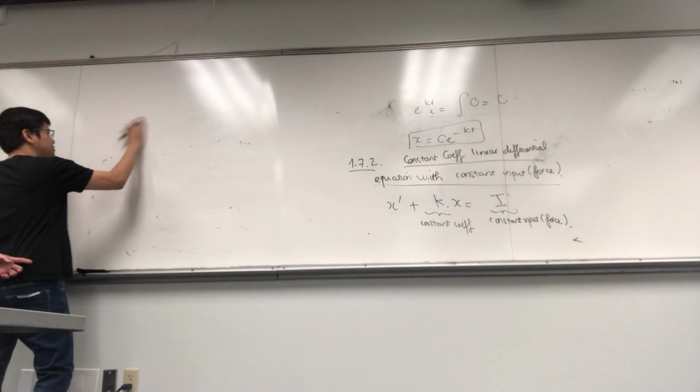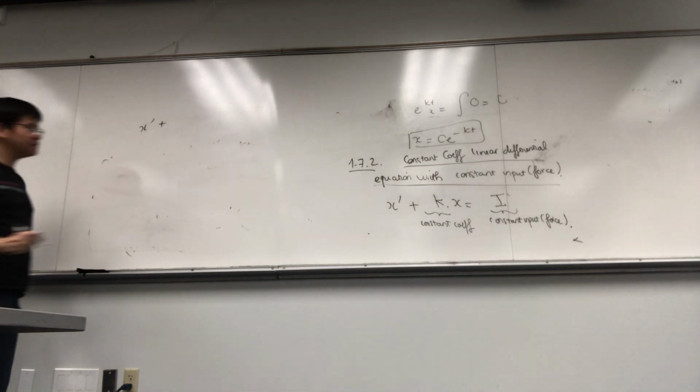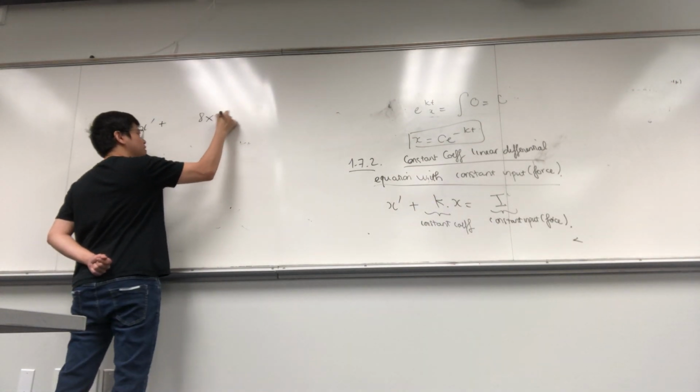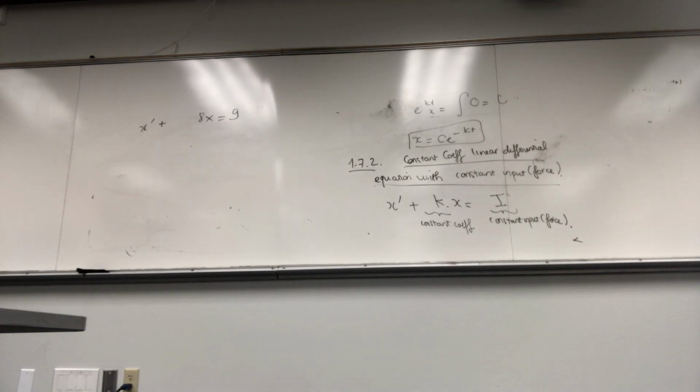So you have x prime plus 8x is equal to 9. Right? What is the integrating factor in this case? Yes? Yes, excellent. Can you stay at the back of the paper, please?